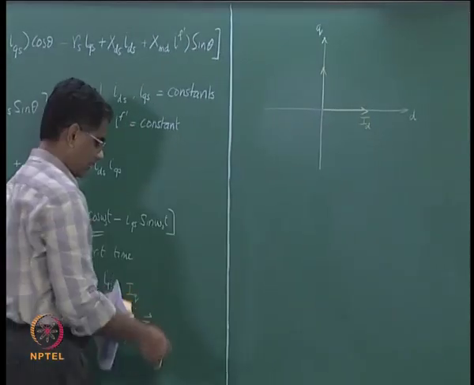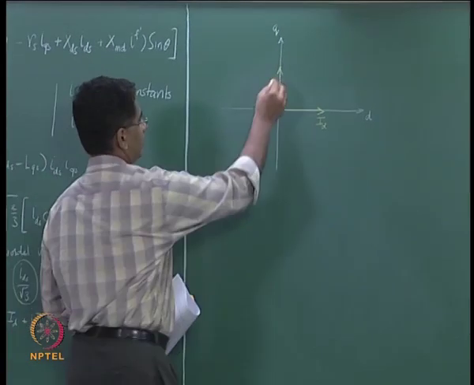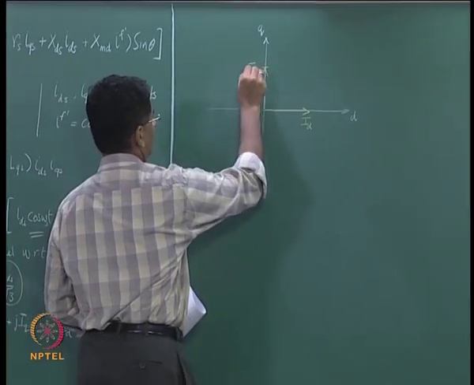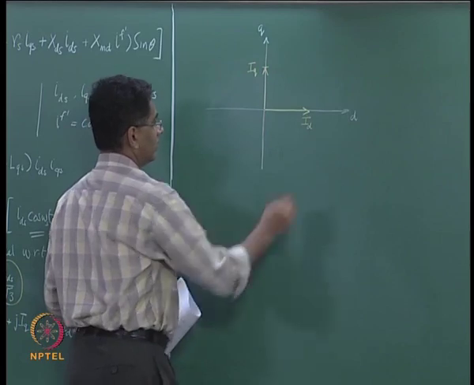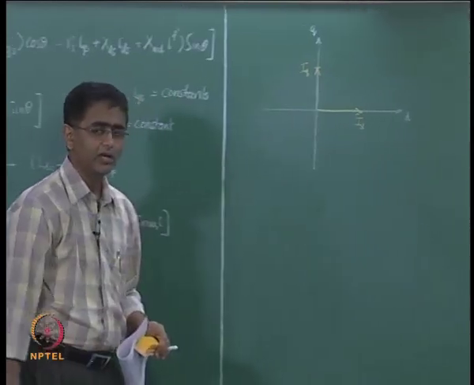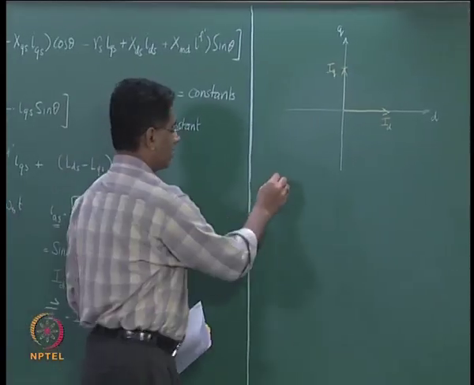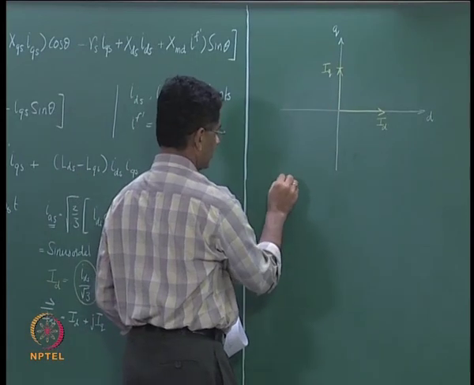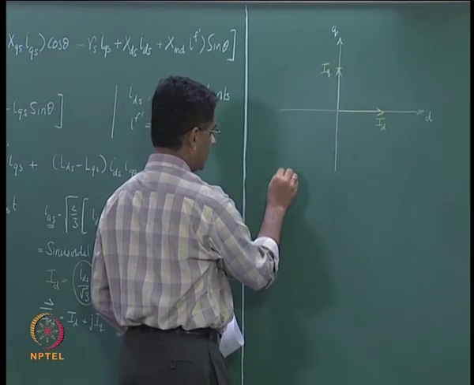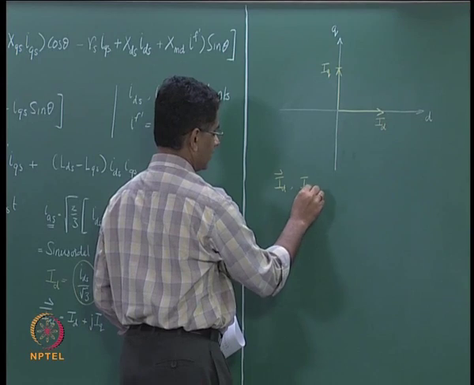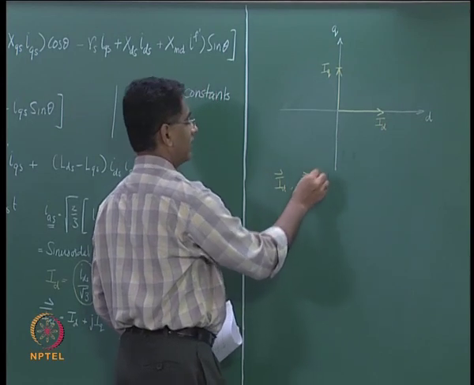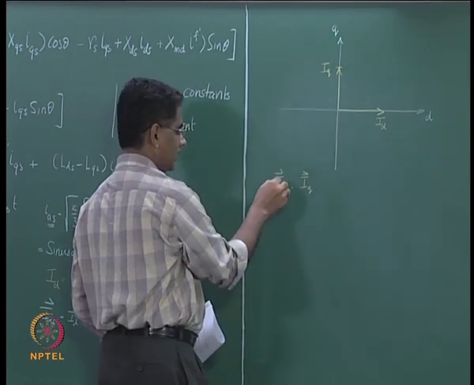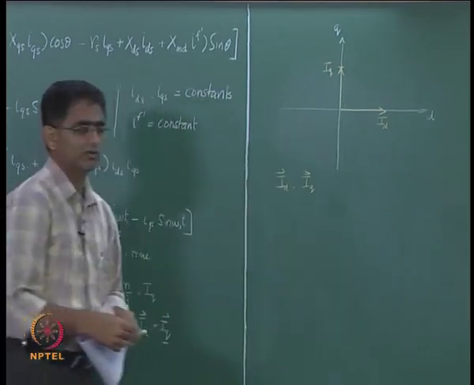So this itself is IQ. So the length is given by IQ, the length is given by ID. As a phasor, one can represent these two terms as a phasor ID and a phasor IQ. The phasor IQ lies along the q axis, the phasor ID lies along the d axis.